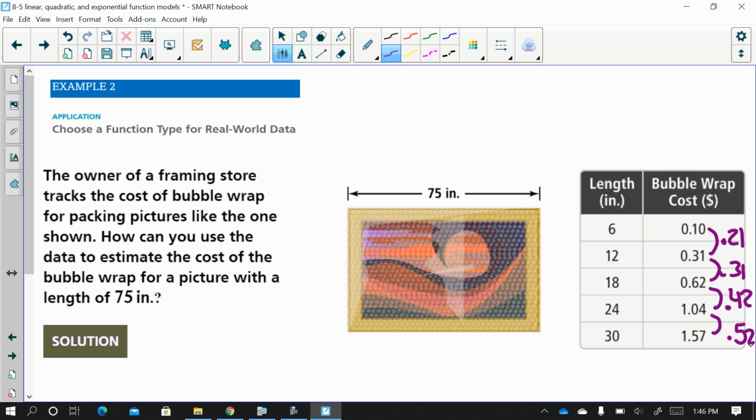First differences definitely aren't right. If I do my second differences, I get 0.1, 0.11, and 0.1. Those are all fairly close, so we're just going to go with quadratic. If you're curious to see how quadratic regression works, please look in the textbook, but I'm not going to go through it.